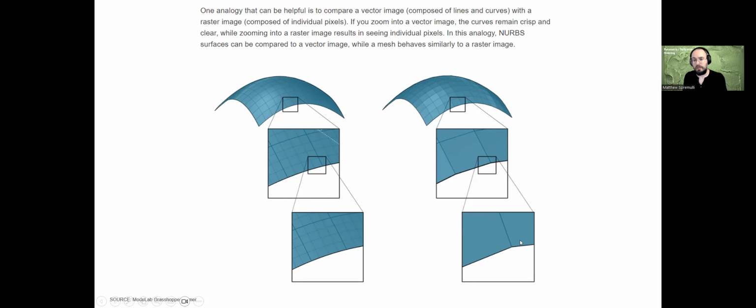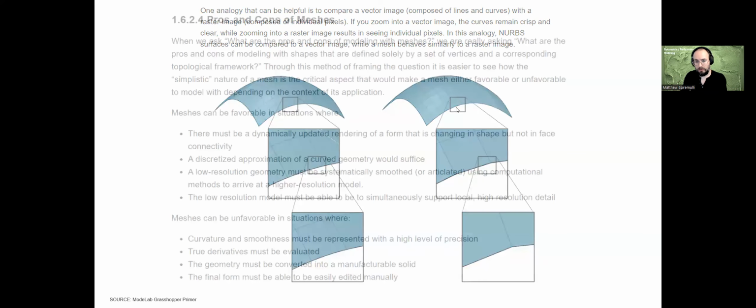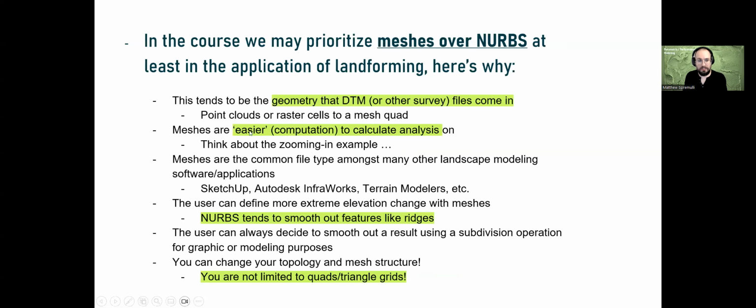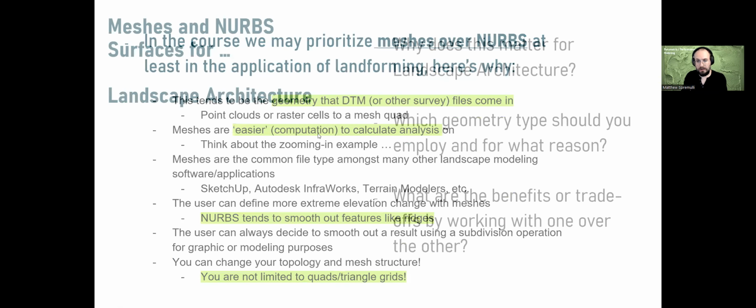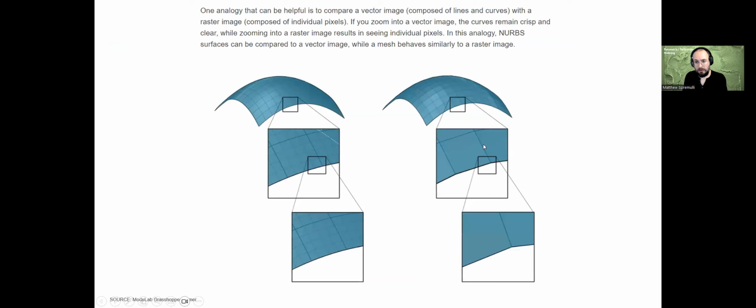So the reason that I call out here that it's easier to compute is because when I zoom in on each of these squares of this relatively same looking surface, this square does not change as I scale in. It stays the same relative size.